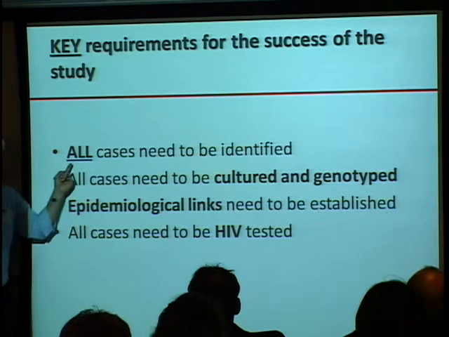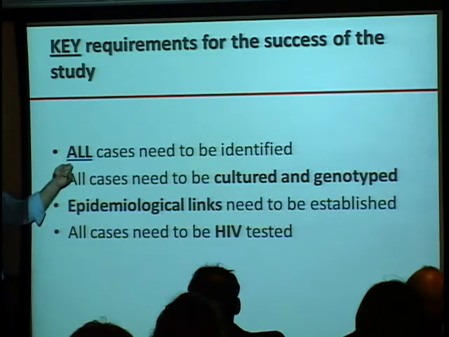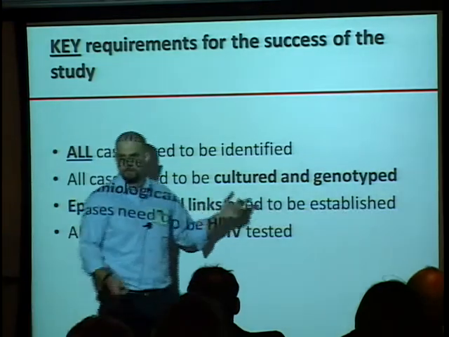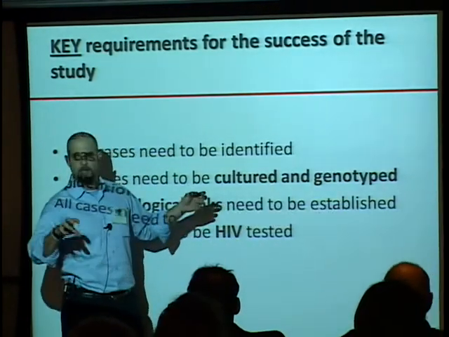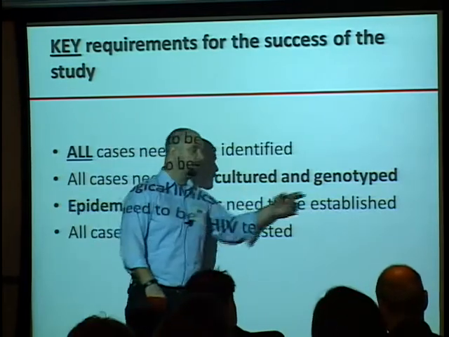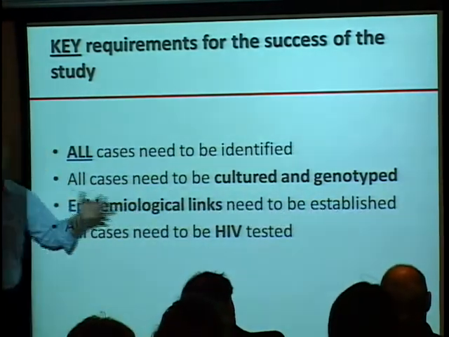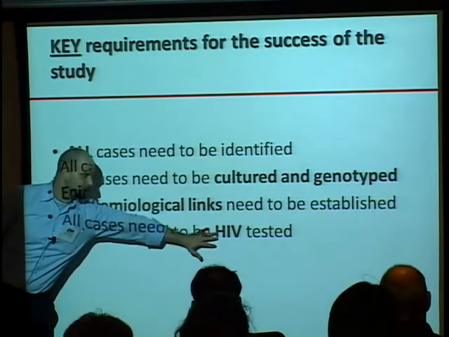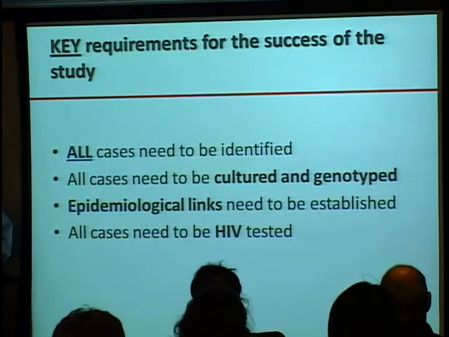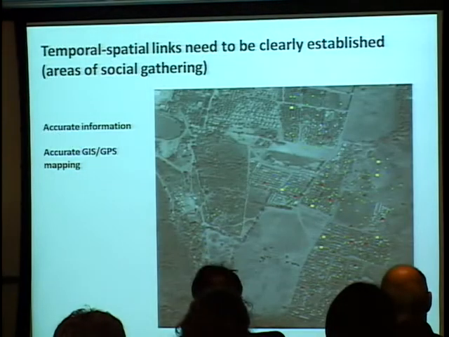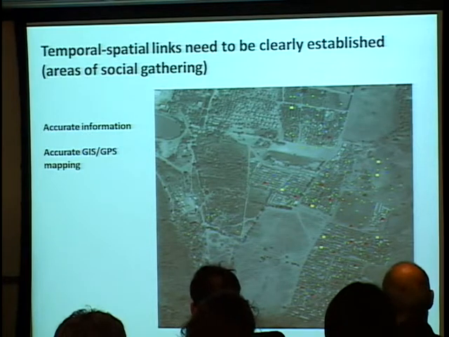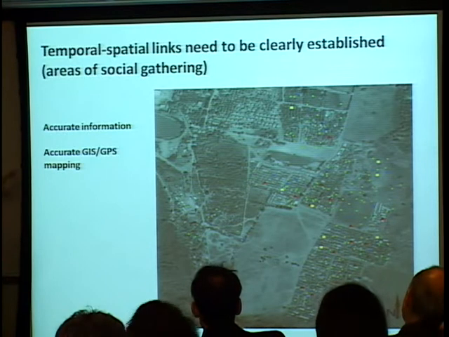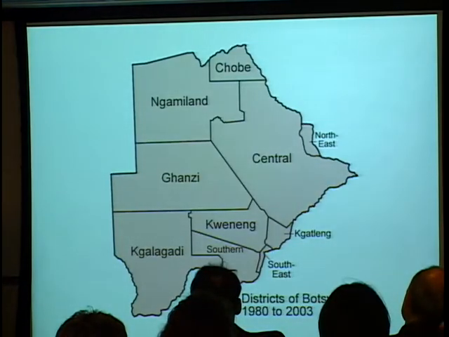We need to collect all the cases in the area, because the only way to gather the clusters is by culturing and genotyping. So we need really good samples. Everybody needs to be tested for HIV, and we need to collect good epidemiological links. Temporal and spatial links are key in that regard, and for that, GPS mapping is going to be key.